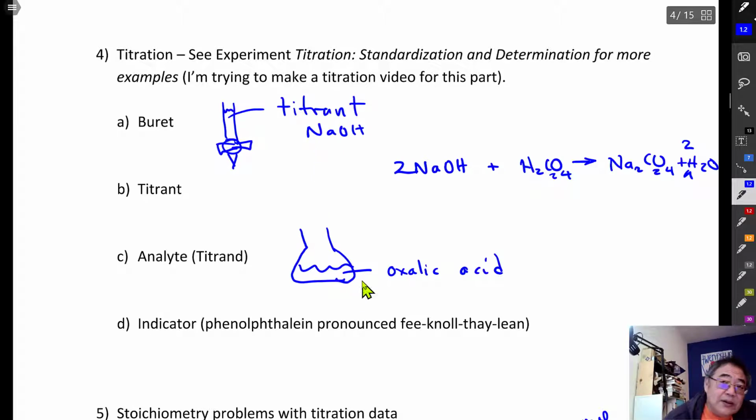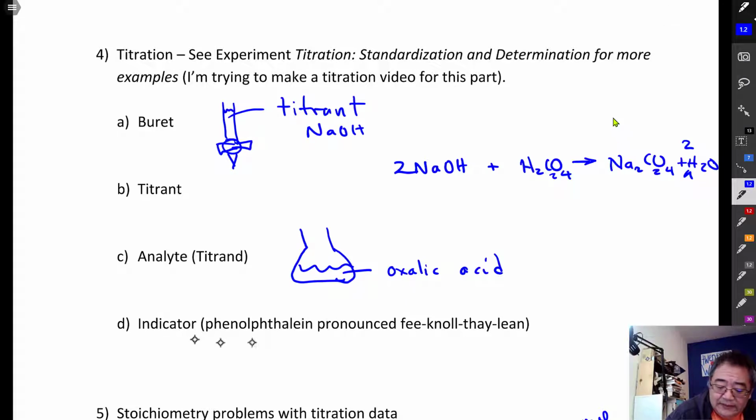Now, initially, you have oxalic acid in here, and when you add the sodium hydroxide to it, it begins to use up the oxalic acid. But since you're adding the sodium hydroxide to the Erlenmeyer flask, the oxalic acid is in excess, and so the sodium hydroxide is what actually gets completely used up at the beginning of the titration. But the whole time, the acid is also being used up a little bit at a time as you're adding the titrant. This is where the phenolphthalein comes in.